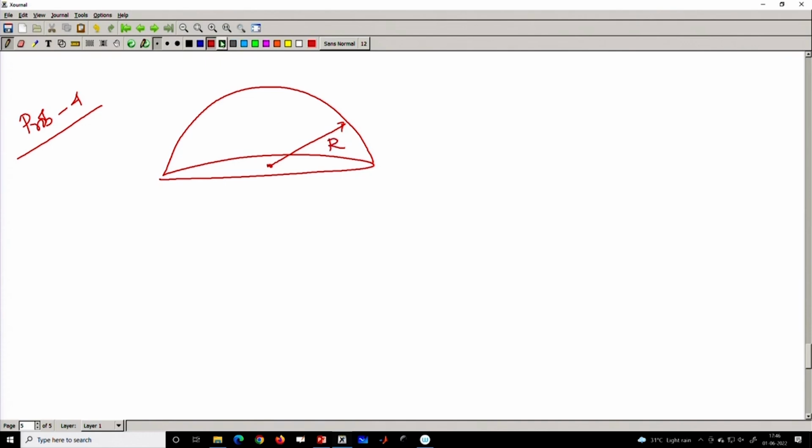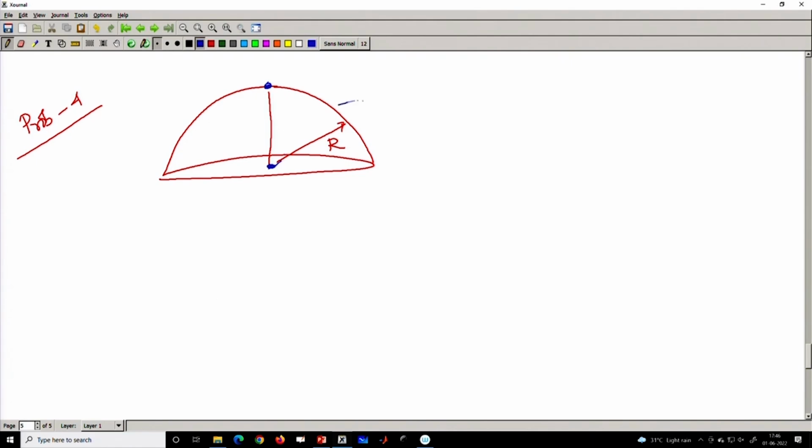So, we have 2 points here. This is the pole. Okay. So, I have 1 point and this is another point.